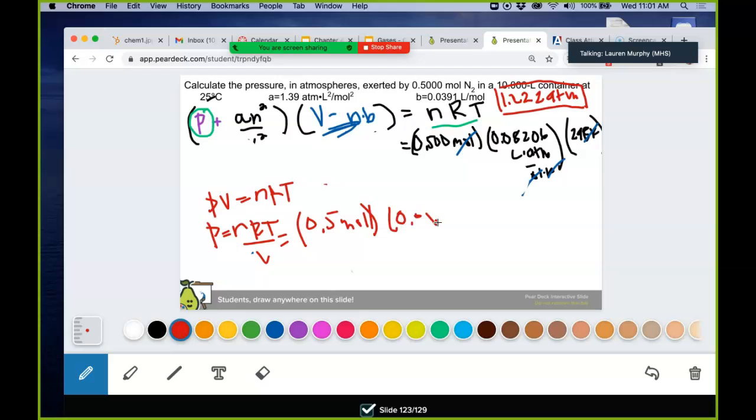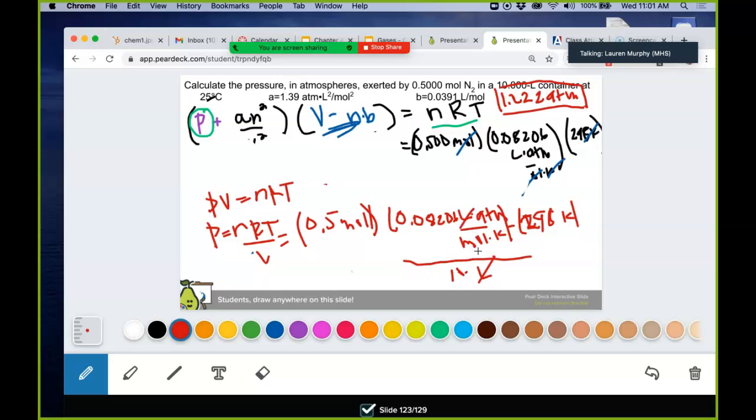0.08206 liter times atmosphere, right? That's R. It's the gas law constant, per mole Kelvin. T is temperature in Kelvin, which is 298, 25 Celsius. All over volume, which was 10 liters.